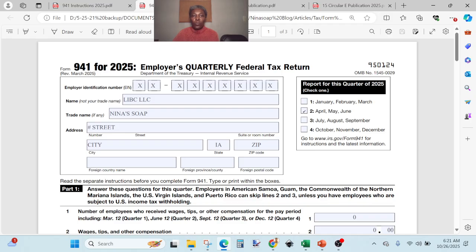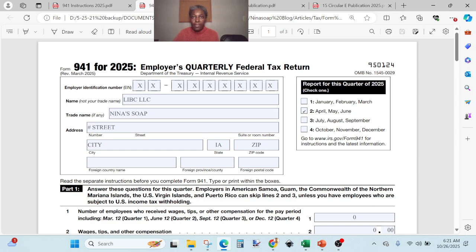You'll enter your business legal name, which is the name that you put on the EIN application form. So it'll be good to have your business EIN legal name in your file so that you can use it.